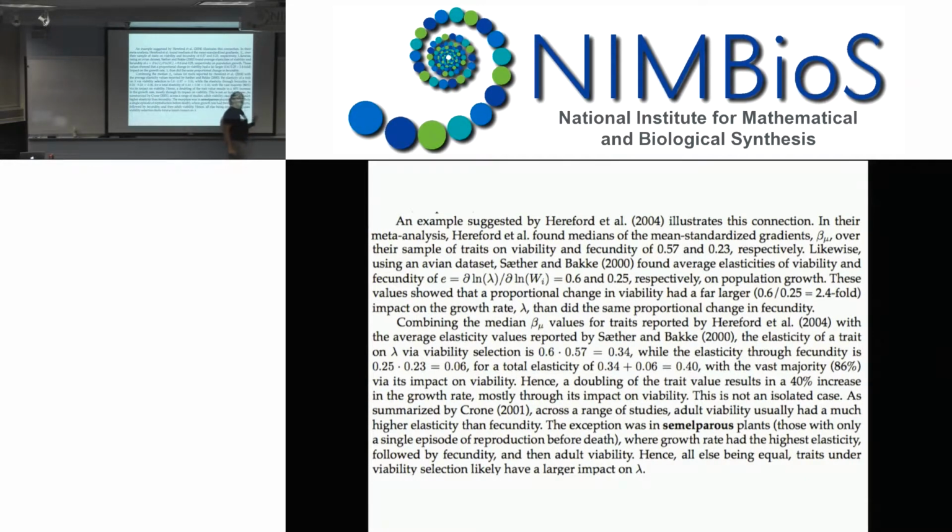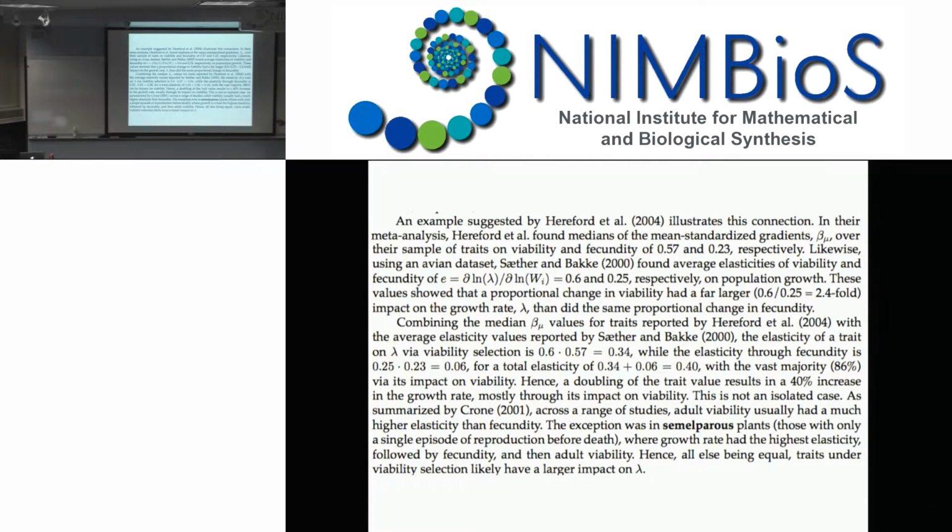So a lot of people measure fecundity, lifetime reproductive success, as their surrogate measure for total fitness. What this paper suggests is that viability is actually a better predictor of overall fitness than is fecundity. One exception was the group of plants that have a single episode of reproduction before death.